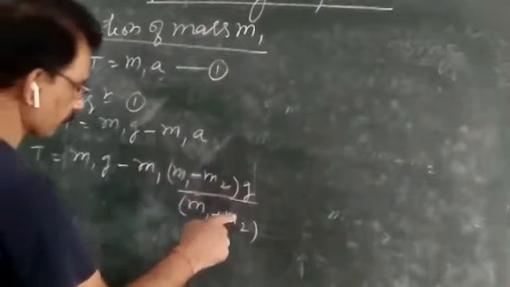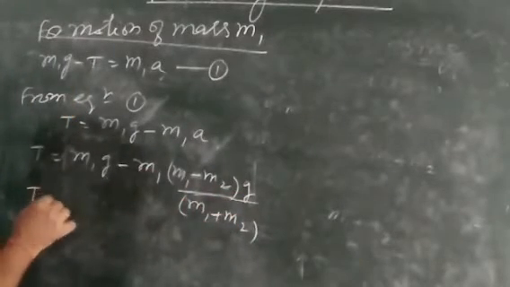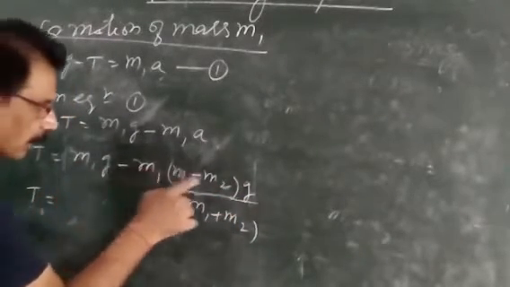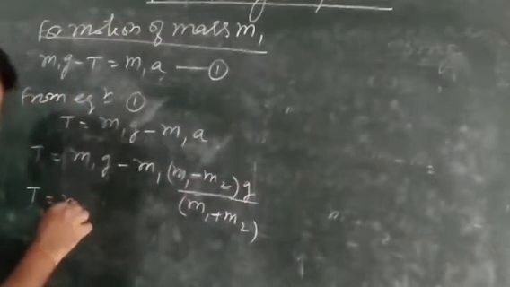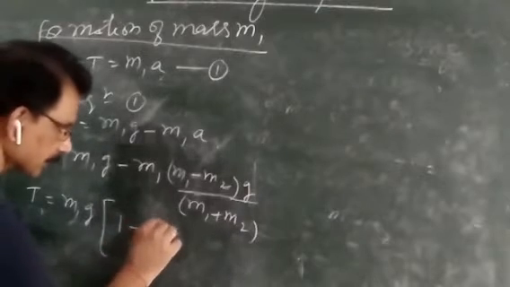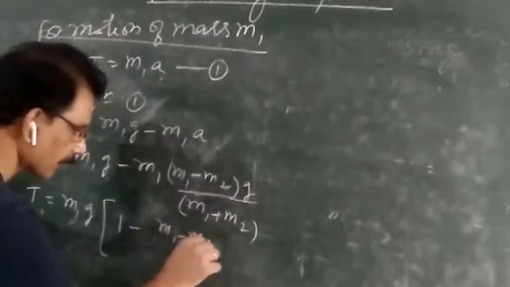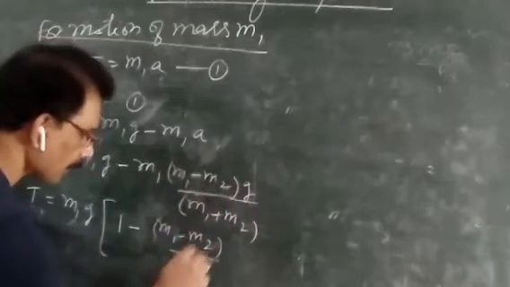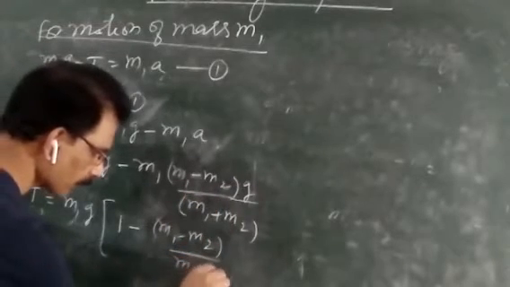Now T is equal to, look here, this one is m1g, here also m1g. Take m1g outside, and here you will get 1 minus m1 minus m2 upon m1 plus m2.